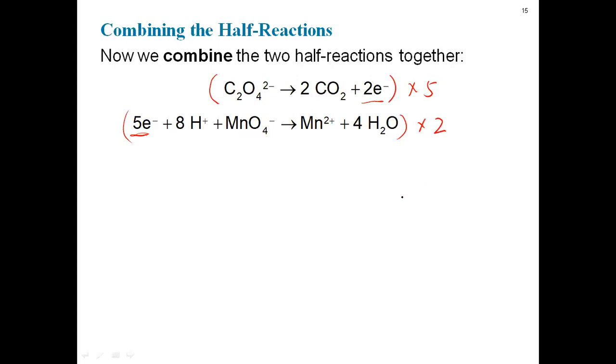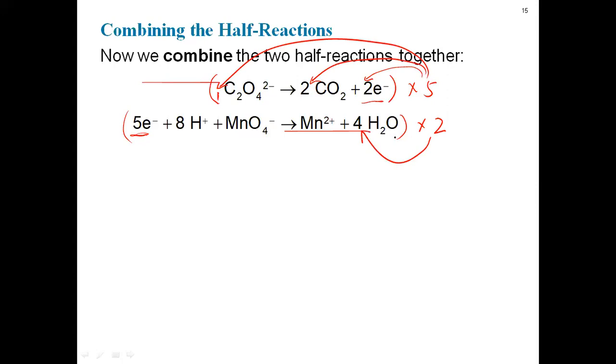What that means is you take this 5 and multiply onto all the coefficients. You take this 5 times 2, this 5 times 2, and this 5 times 1. Do the same for the other one.